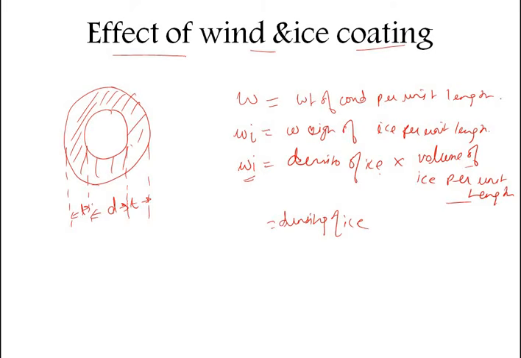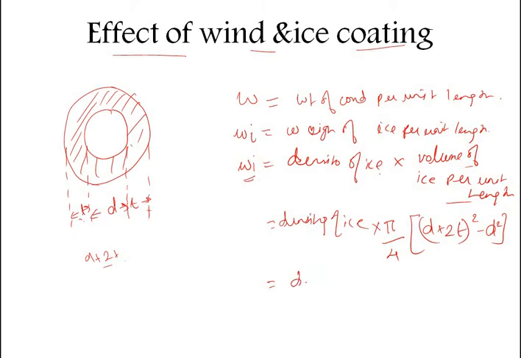See this diagram. The total area will be d plus 2t the whole square, because this is d and t plus t is 2t, minus d square, because if we cut out the ice portion we get only d, which is the conductor part. So the volume of ice is pi by 4 into d plus 2t the whole square minus d square.